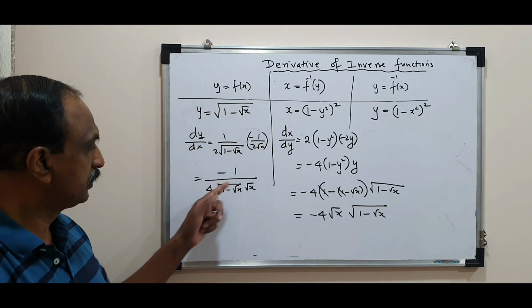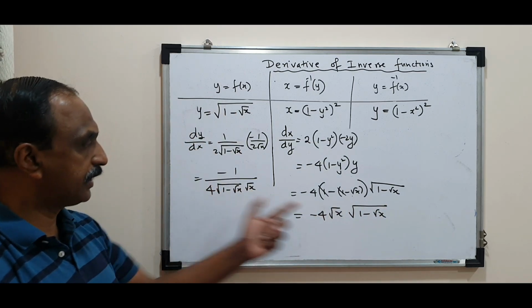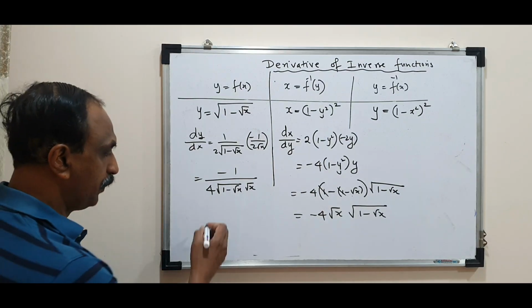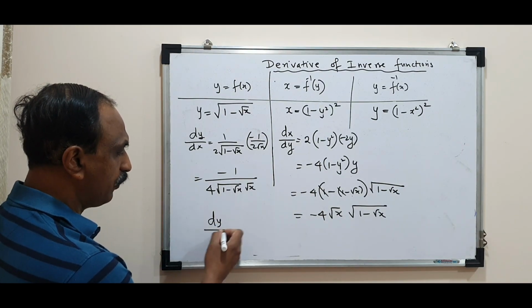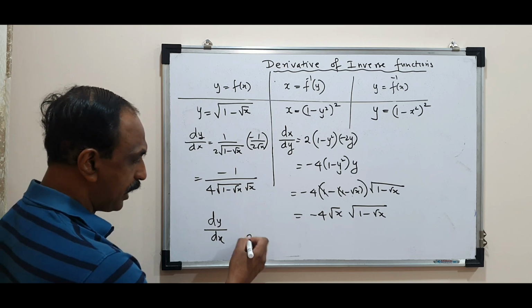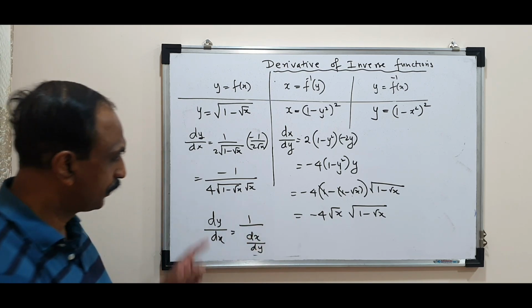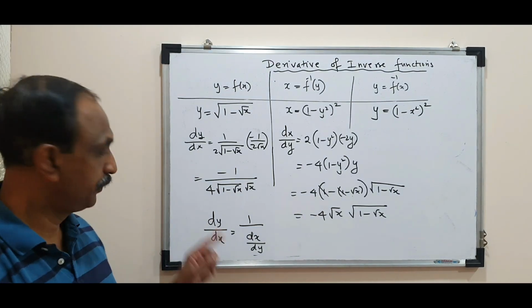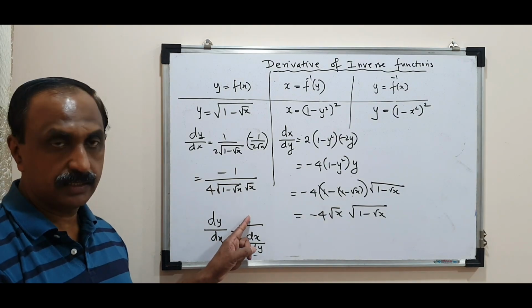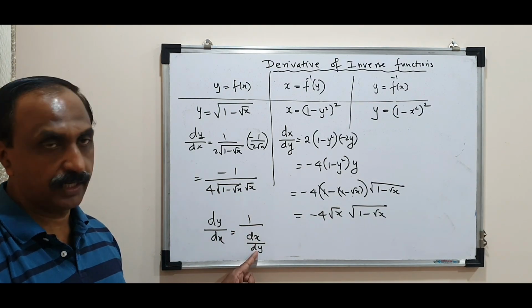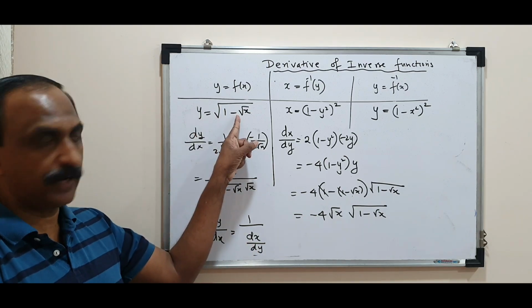What did you notice? You can see they are reciprocals of each other, which means if I differentiate y with respect to x and if I differentiate x with respect to y, they will be reciprocals of each other. So dy by dx will be 1 upon dx by dy, where y is a function of x.